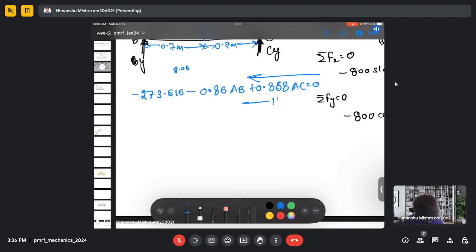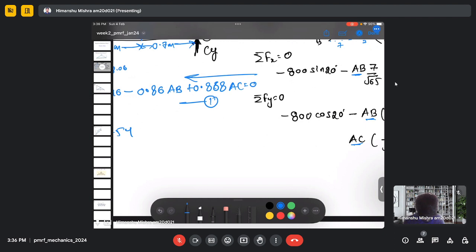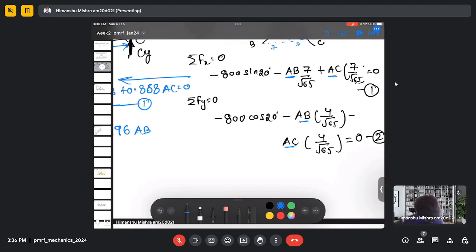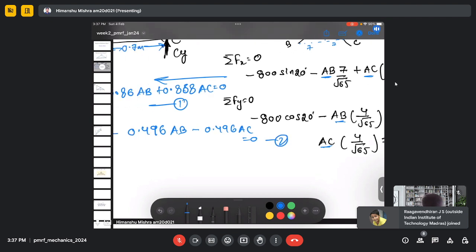So this is my equation 1, and in equation 2, we will have minus 751.754 minus 0.496 AB minus 0.496 AC equal to 0. And it's the same second equation.